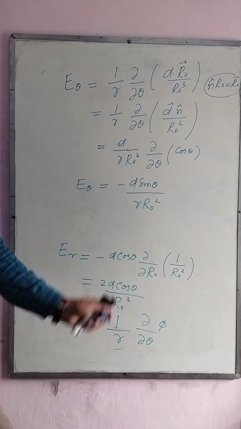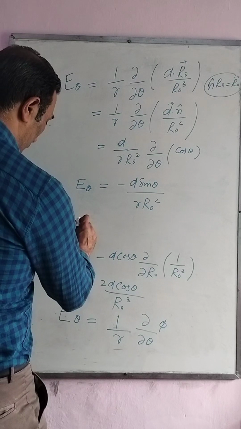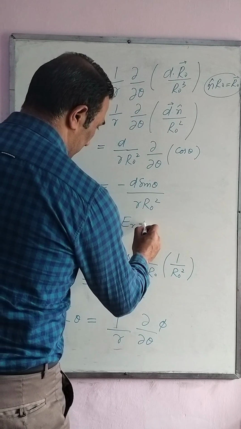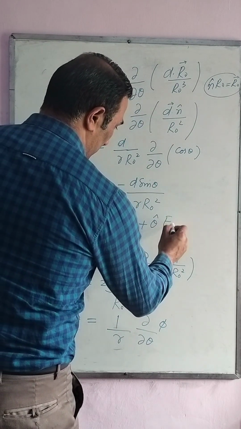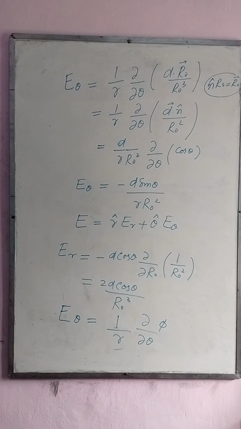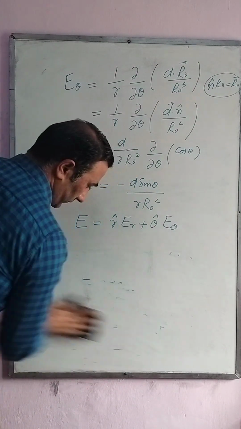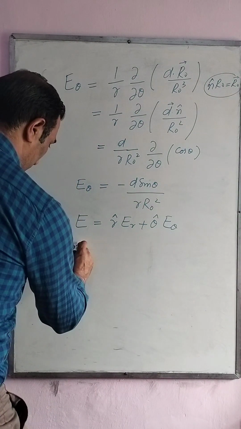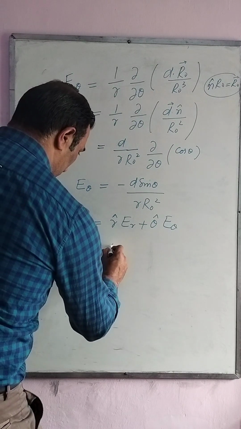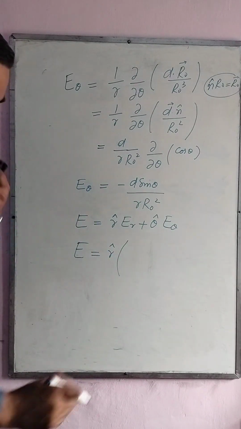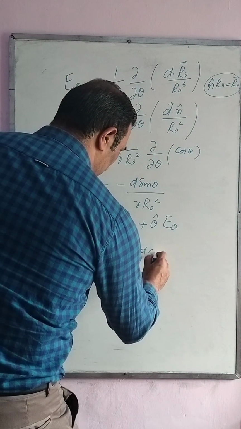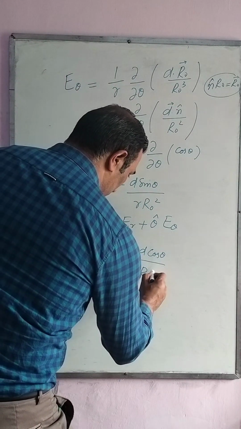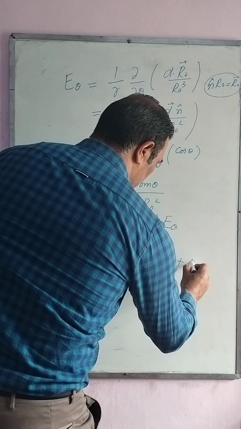So this is the theta component of the electric field intensity, or you can write the total electric field will be equal to r cap E_r plus theta cap E theta. So E will be equal to r cap into 2d cos theta upon r naught cubed plus theta cap into d sine theta upon r naught cubed.